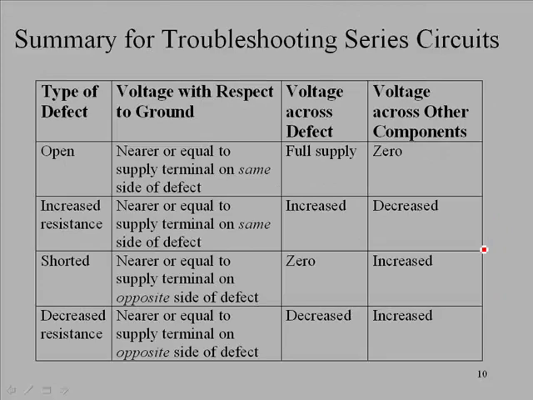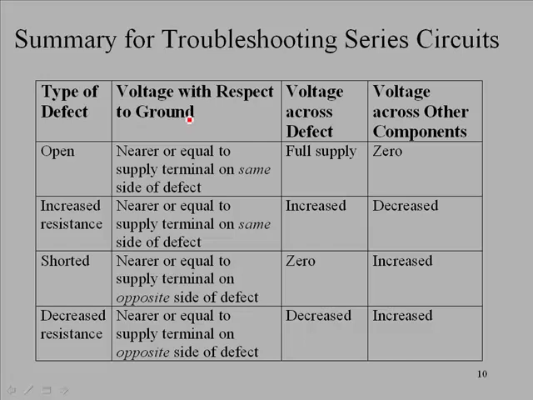Now, this is a summary for troubleshooting series circuits, and this picks up on the previous lesson that we looked at, and also the items we just mentioned. First of all, the type of defect. Remember we talked about an open circuit, and this is typically because a resistor or a component has physically deteriorated. Either it's overcurrent and burned up, but you have the open circuit. The voltage with respect to ground, what should you read?